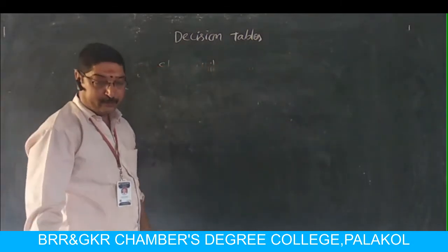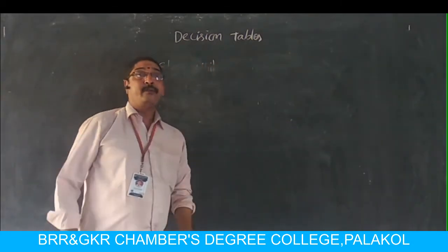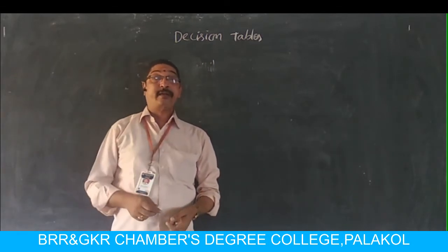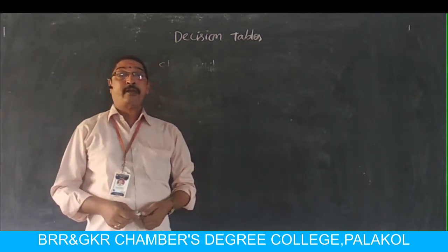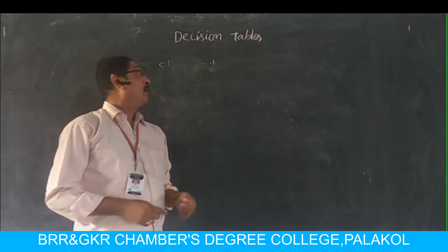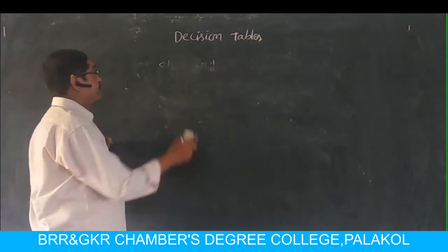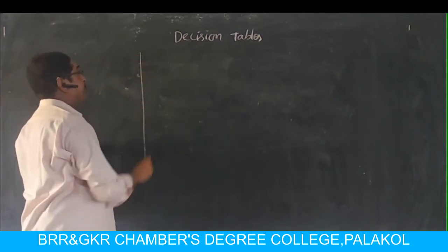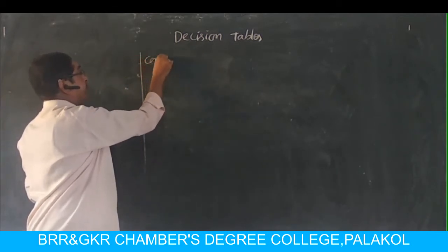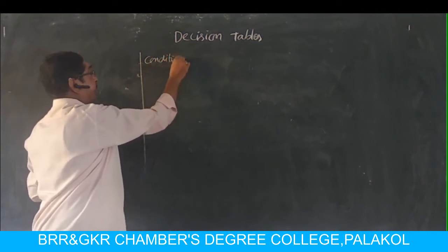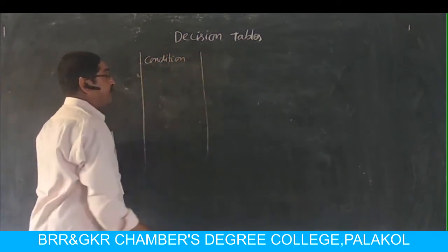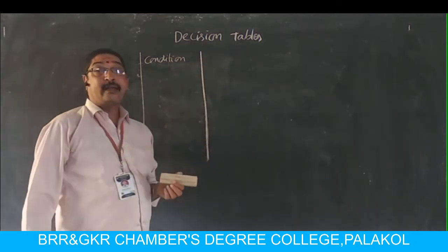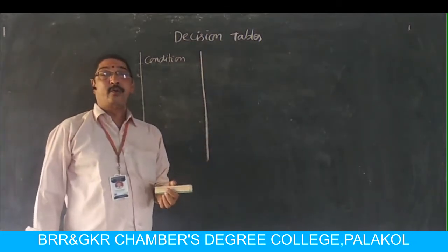These decision tables will be created with the help of tables, so it must be in a tabular form. Here I am writing, please study this. These tables will have conditions and rules.